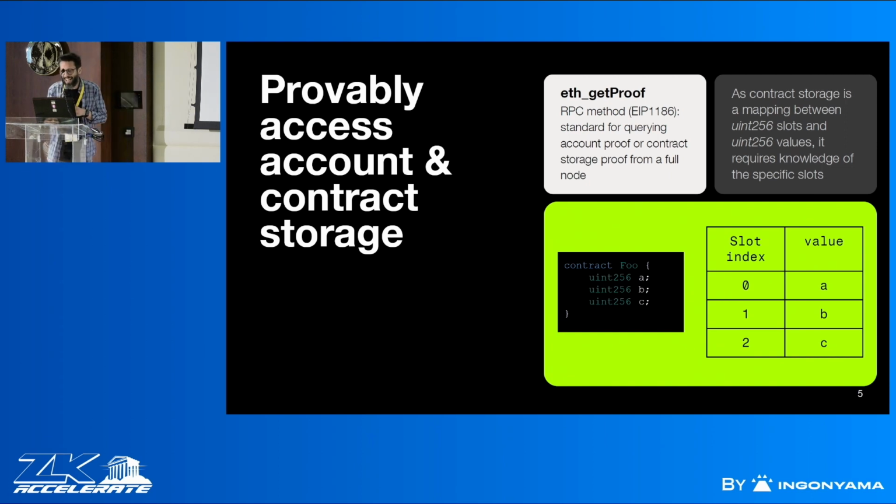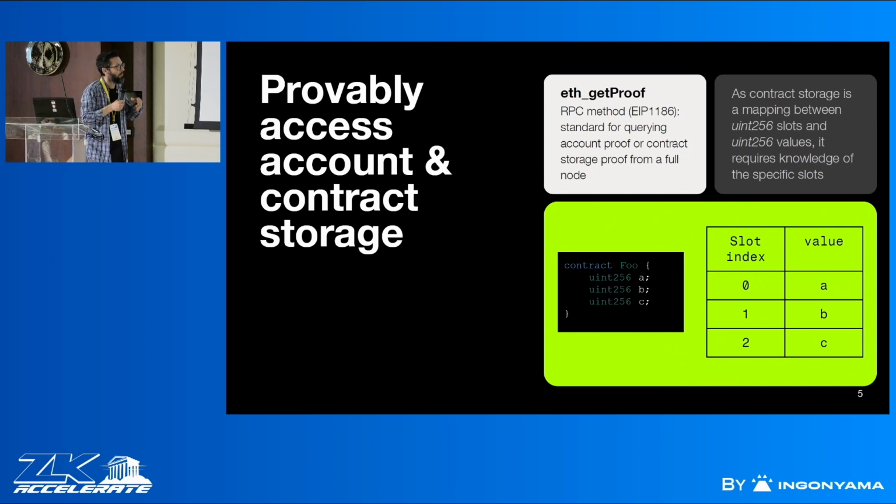Anyway, you have this contract with the 3 state variables A, B, C. These are really the easiest example because they are statically sized, so it should be pretty straightforward. At compilation time, these variables get assigned a slot index that maps a certain position to their respective value.